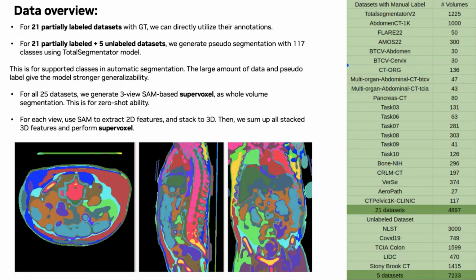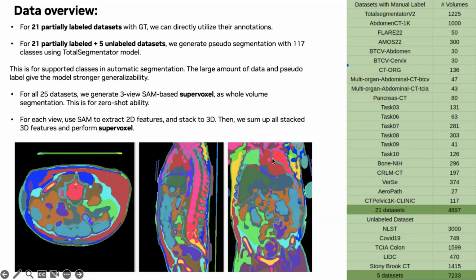it's not going to give you zero-shot ability. To achieve some kind of zero-shot ability, we decided to distill the information from the SAM pre-trained checkpoint. So what we did is, for all those 25 data sets, we generated a 3-view SAM-based supervoxel as the whole volume segmentation. So you see, this is the result from the SAM pre-trained checkpoint.